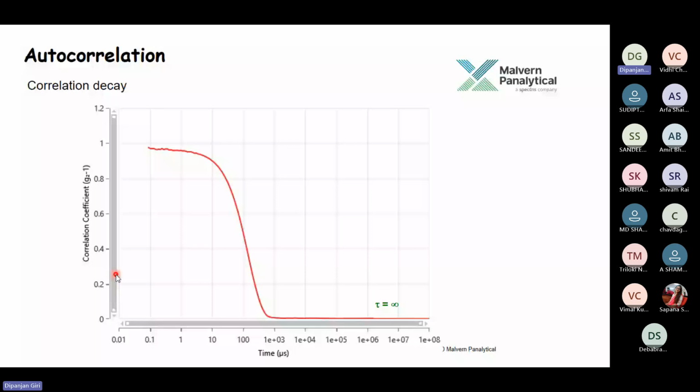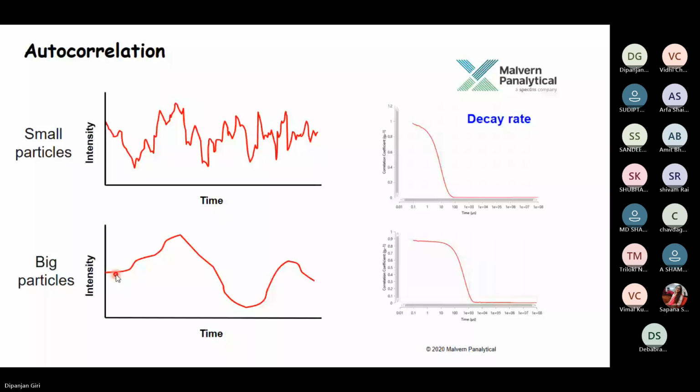But to derive this decay in the correlation, there is an autocorrelation function which is derived first. So let us see how that can be used for the particle sizing information. You can see the decay correlation for the decay rate. The fluctuation for the bigger particle is always slower, and therefore the decay will be much slower for the bigger particle.